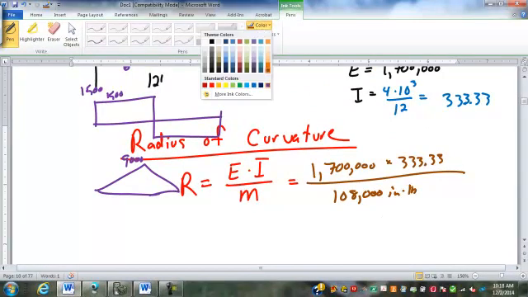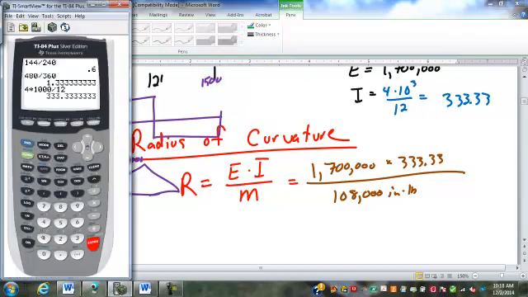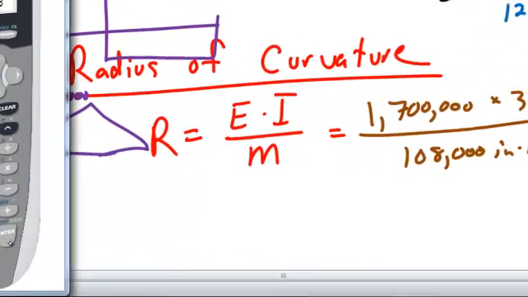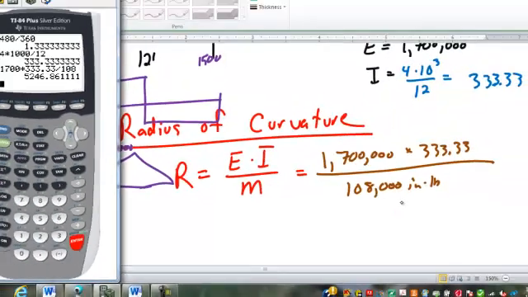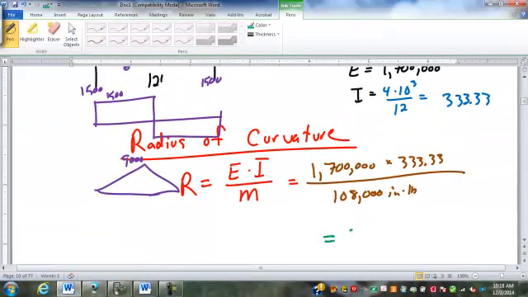So our radius of curvature is 1,700,000 times 333.33 divided by 108,000. I realize I'm missing zeros on there, but they should cancel out. That gives us 5246, so 5247 we're going to call it.